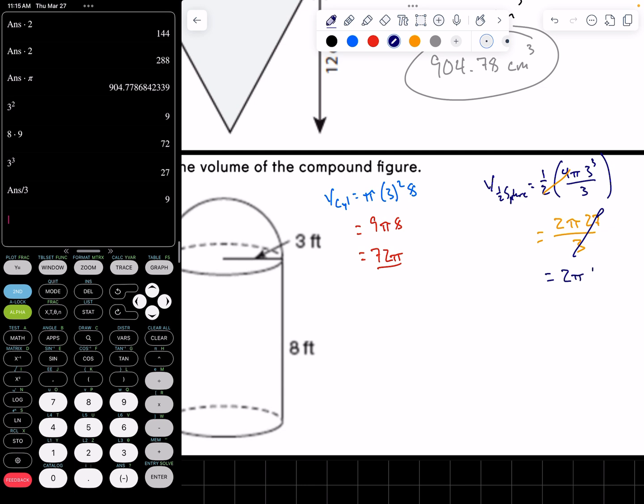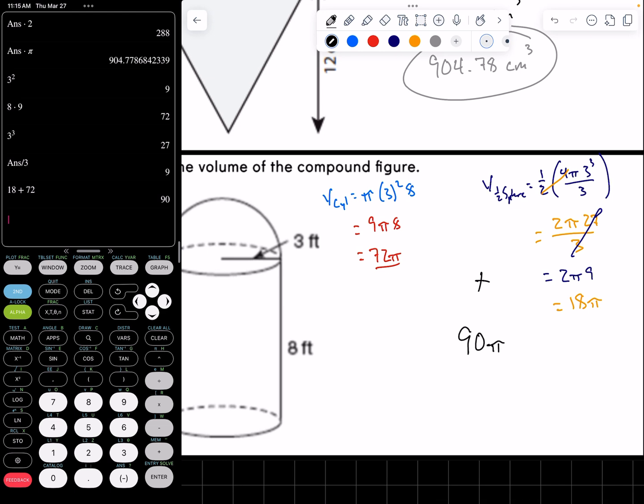So 2 pi times 9. So we end up with 18 pi. 18 plus 72, when I add those up, gives us 90 pi, and that would be feet cubed. Or if I multiply by pi, I end up with 282.74 feet cubed.